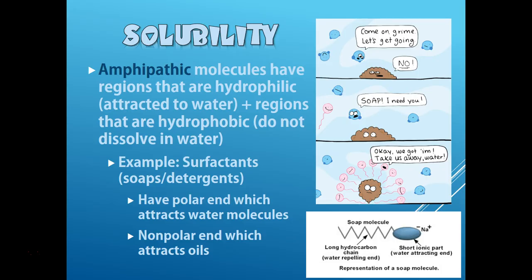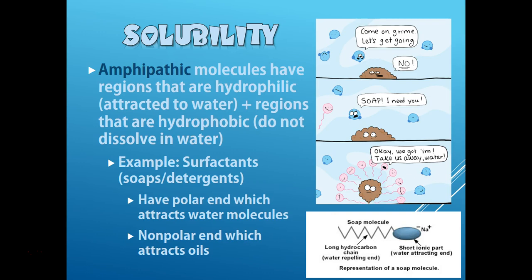We can also talk about these interesting molecules called amphipathic molecules, and these tend to be big molecules, but they're interesting in the sense that they have regions of the molecule that are hydrophilic, regions that will readily dissolve with water and interact with water. But they've also got regions that are hydrophobic that don't.